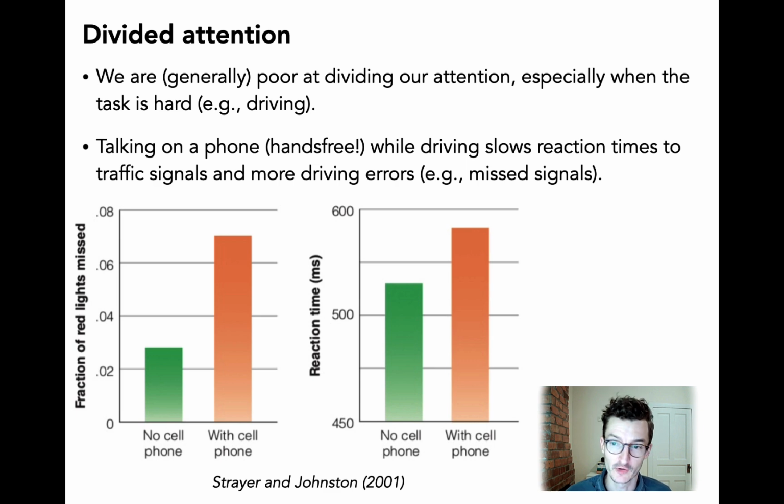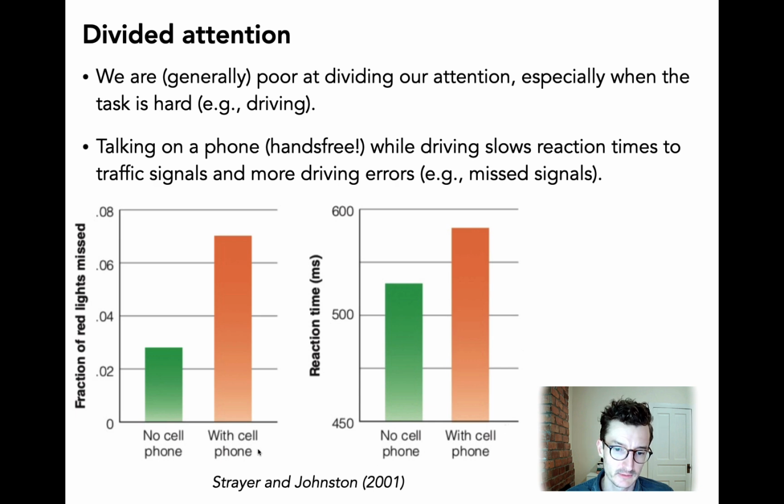And so we've all heard of the idea that you shouldn't text and drive, obviously. That involves actually overtly looking down at your phone, which is terrible, right? But talking on your phone, even hands-free, is detrimental to driving, as was shown in this 2001 study by Strayer and Johnson.